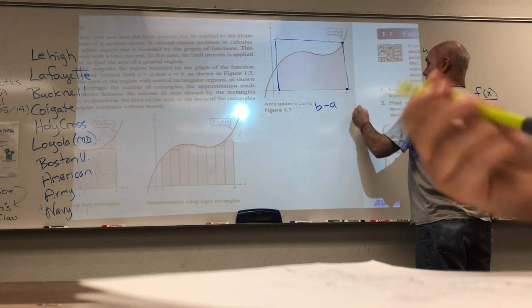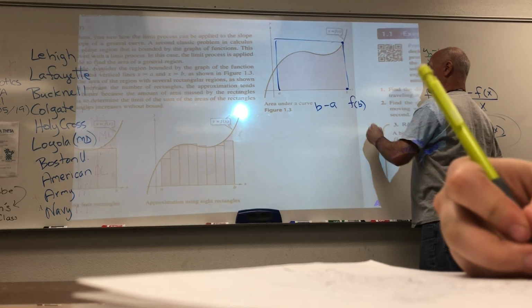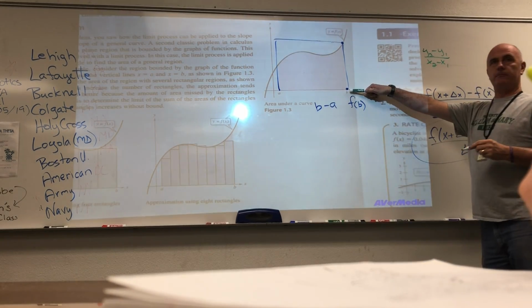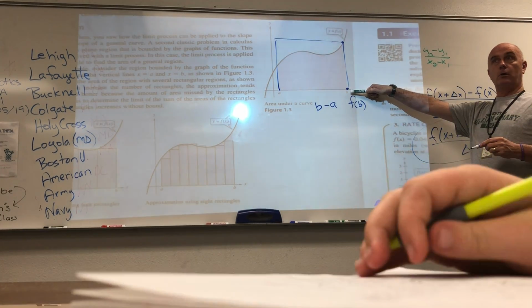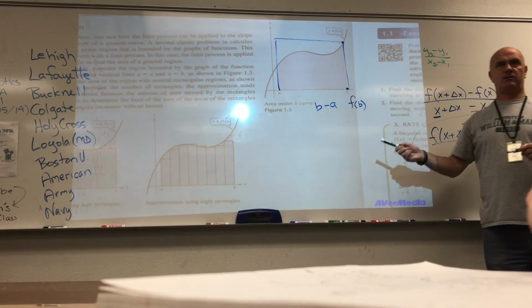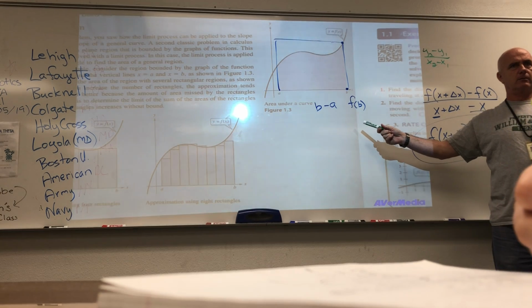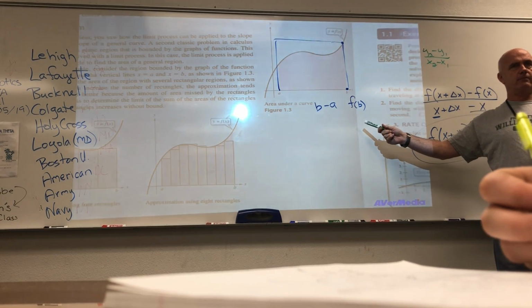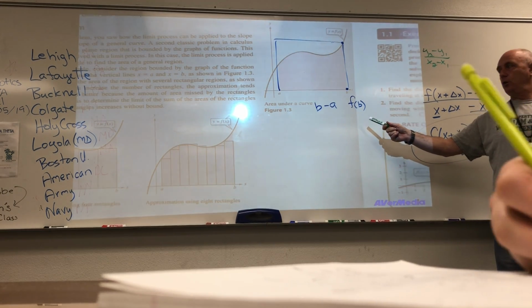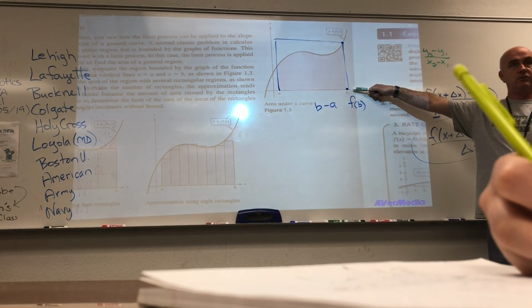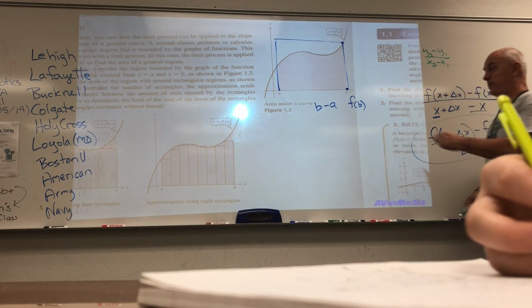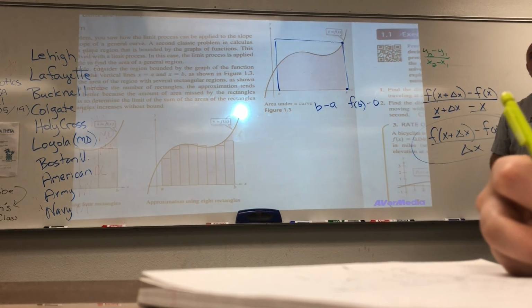That's F of B. And then what's this point? Well, but F of B indicates what type of a coordinate? An X or a Y? A Y. So we would want the Y there. What's the Y there? 0. So F of B minus 0, something like that.